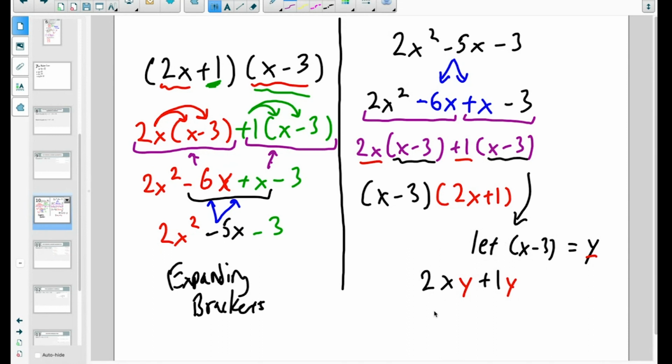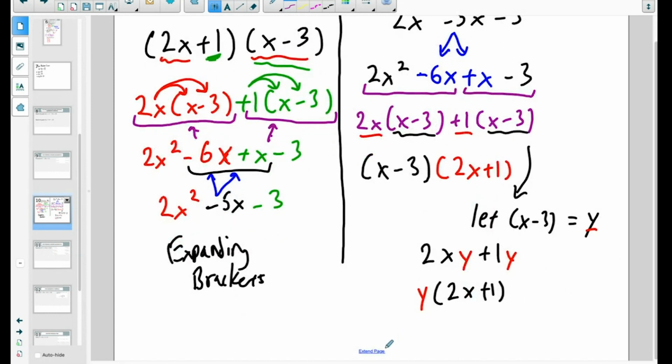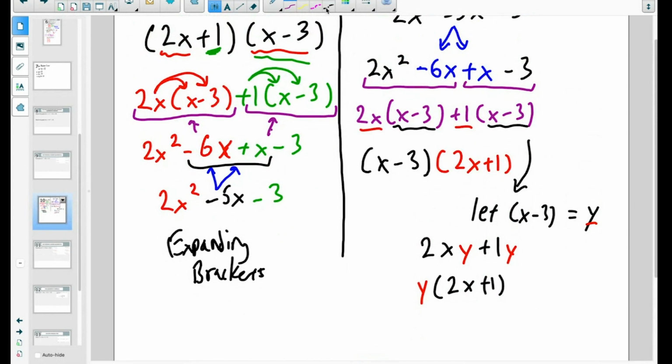And we can actually factor out this y to the front. And what's left over? 2x plus 1. And if we replace this y with what we had originally, remember we said y is the same thing as x minus 3, this x minus 3 just gets popped back in front. Then we have 2x plus 1.